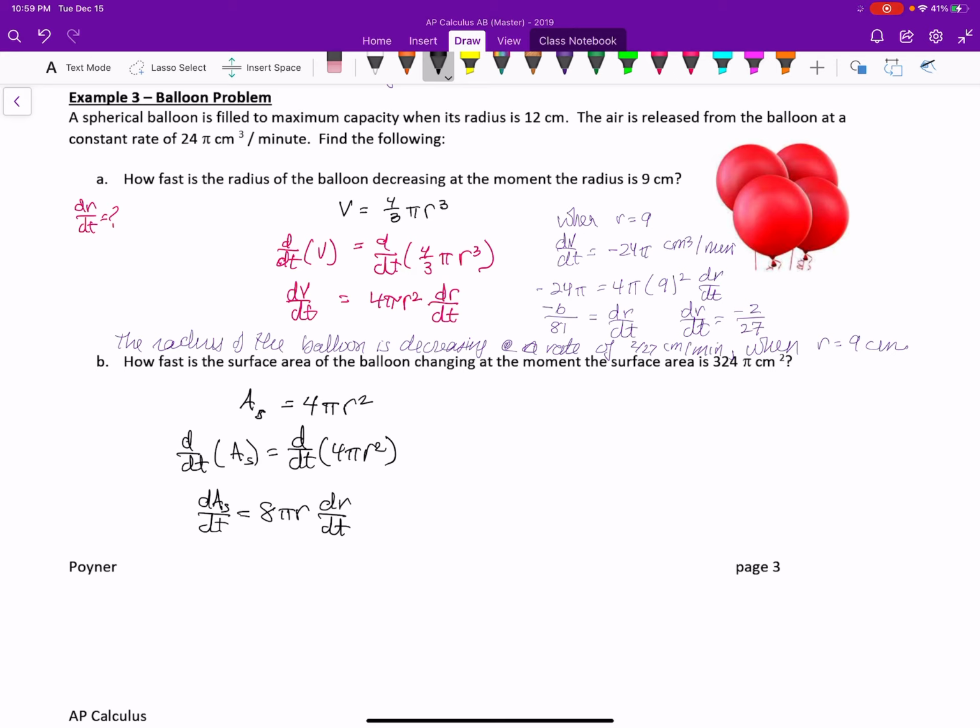Okay, and it's saying how fast is the surface area of the balloon changing at the moment the surface area is actually 324 pi centimeters squared. So that's the instant. That's after I've created my formula. I'm going to write up here when the surface area is equal to 324 pi.